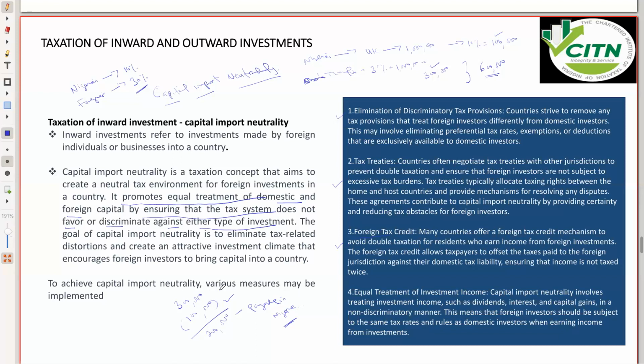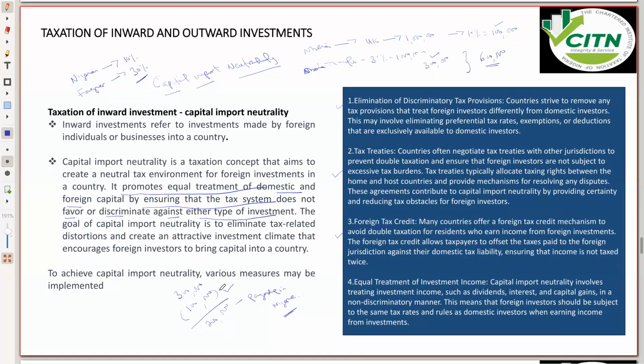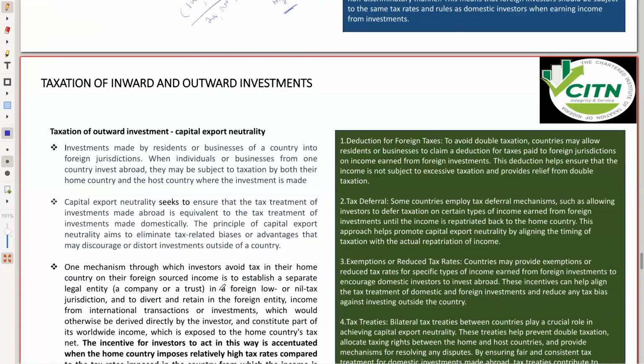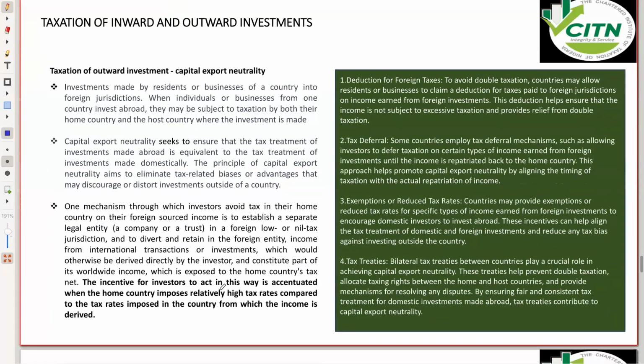So just like we're concerned about inward investment, in other words, somebody coming from outside Nigeria to invest in Nigeria, so also people investing outside of Nigeria are concerned about double taxation and tax burden. That is what we refer to as taxation of outward investment, or capital export neutrality.